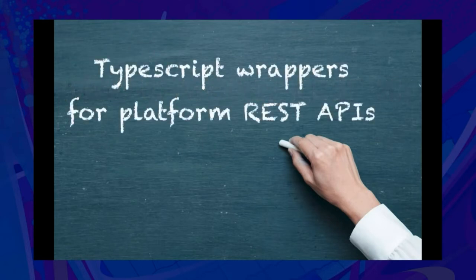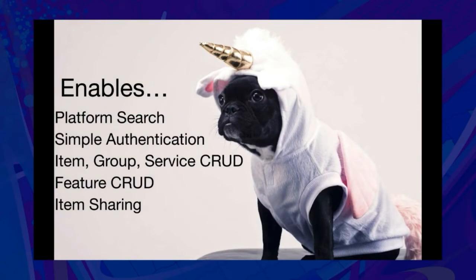Well, it's a series of packages that are written in TypeScript that form wrappers over our platform REST APIs. This enables a wide variety of different things to be done. So from platform search for items, for users, for groups, we streamline the authentication process and take a lot of the intermediate steps out of doing OAuth or just token-based authentication.